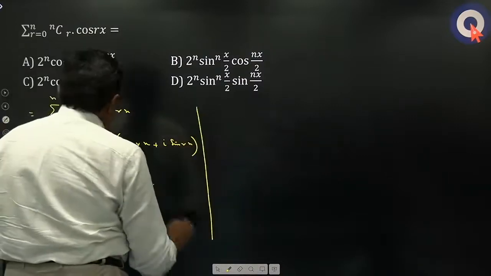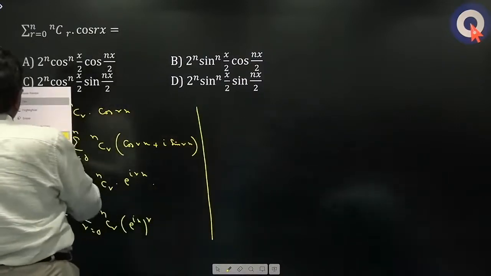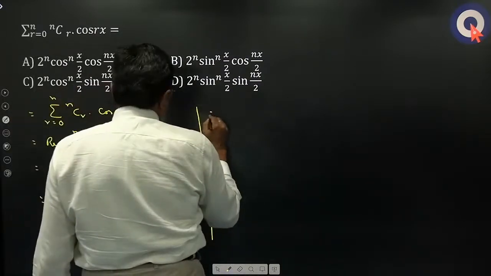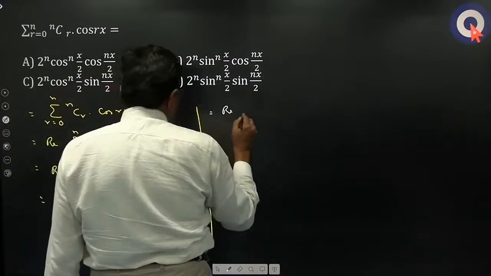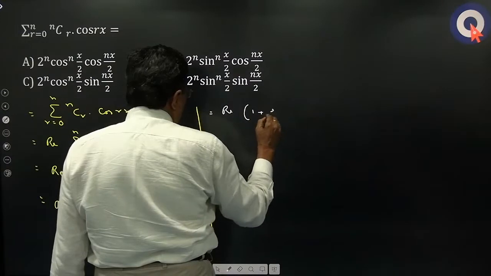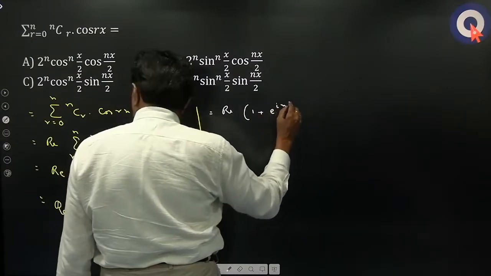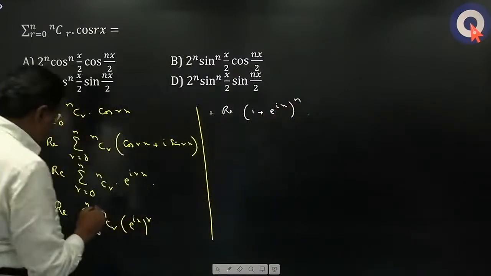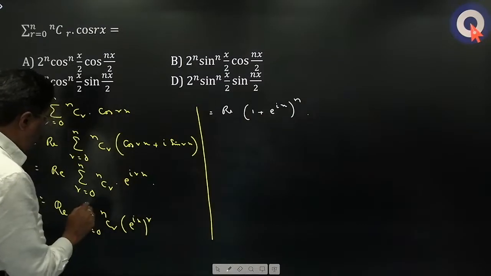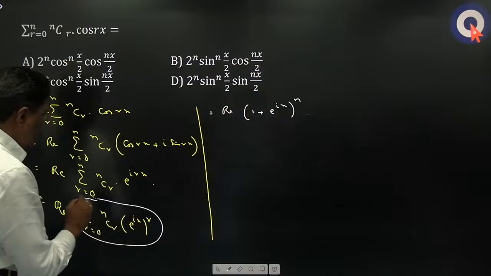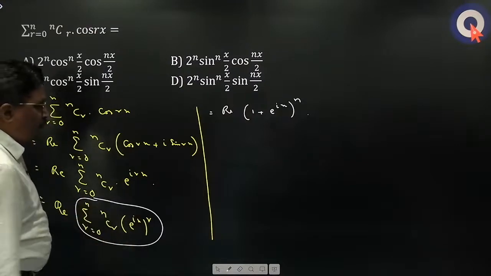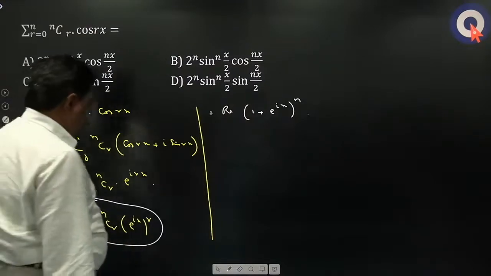So which is nothing but the real part of (1 plus e power ix) whole power n. Sigma nCr x power r is (1 plus x) whole power n. So because of that, this becomes the expansion of (1 plus e power ix) whole power n.